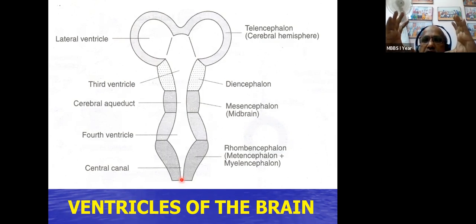That is the arrangement. Now the ventricles: two lateral ventricles are there in the cerebral hemispheres. Both are connected to the centrally placed single third ventricle. From the third ventricle, your CSF goes to the fourth ventricle through the aqueduct of Sylvius.